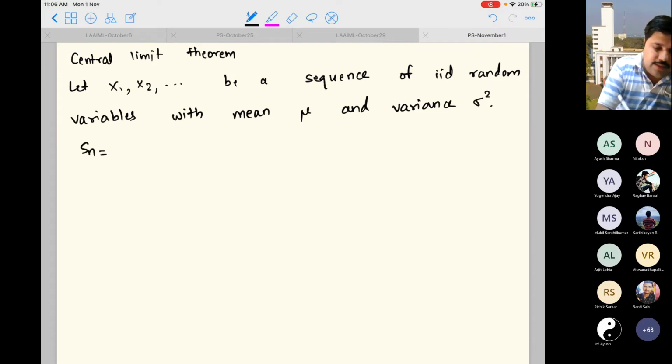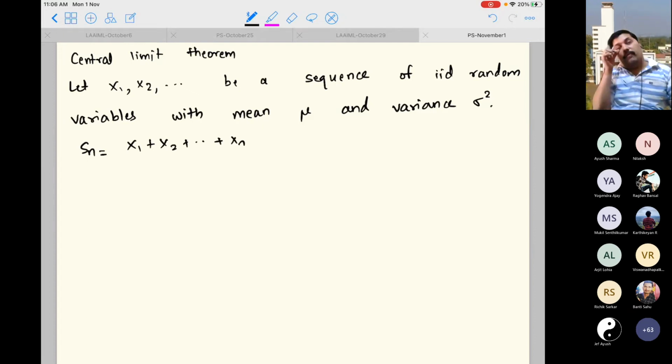And we define this Sn to be equal to x1 plus x2 plus xn, the sum of n independent random variables. And the question that we have always asked is that if you have n independent random variables, then what is the distribution of their sum? The distribution of the sum is the question we have been asking for a long time. Every time this is the transformation that we have looked at, we have asked this question, and here also we want to ask this question.